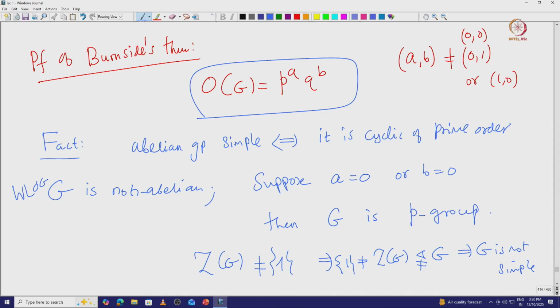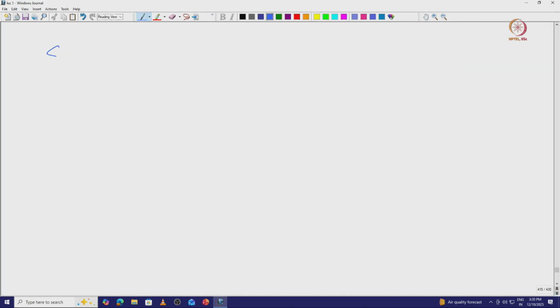Because of this we can simply assume that both a and b are greater than or equal to 1. So we have the order of G, which is p^a q^b, and both a, b are greater than or equal to 1.